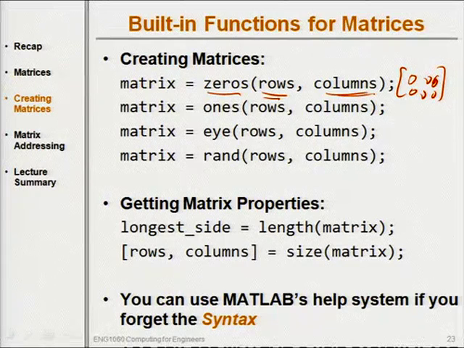It is to be more efficient in the way we run the code. So for instance, let's say you're doing some form of calculation, and you're going to store that information in a matrix. If MATLAB doesn't know the size of the matrix, by default, it will allocate a certain amount of memory for that matrix because it doesn't know what size it is. And that size will keep changing. So it will start with a 1 by 1 matrix.